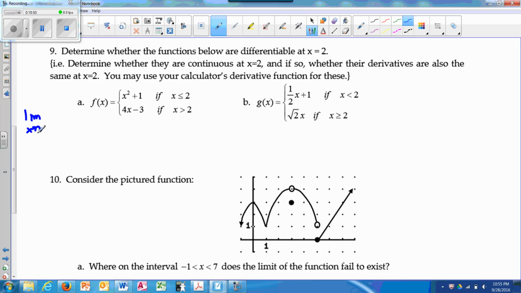So you're going to work through these with your calculator to graph the function. You're graphing these on your calculator to determine whether or not you think you have a derivative. Another way to think about these is to rewrite them. Some of them can be rewritten.